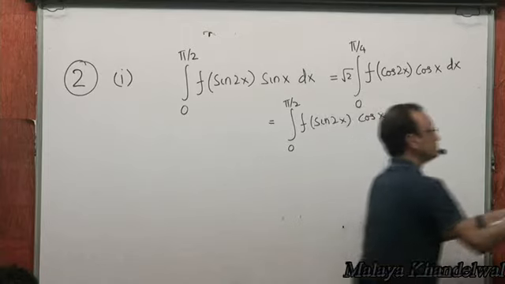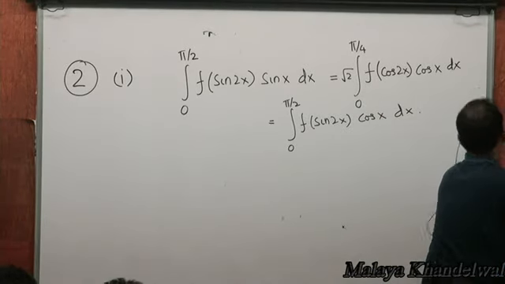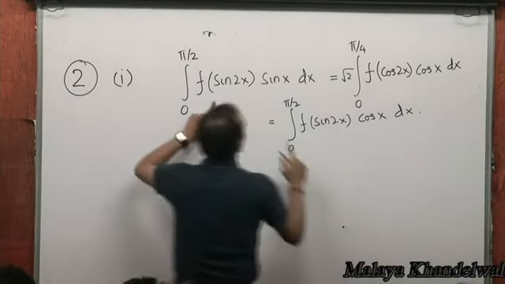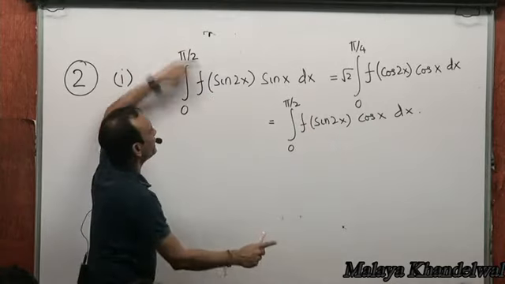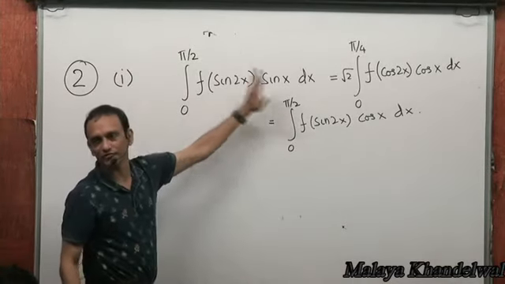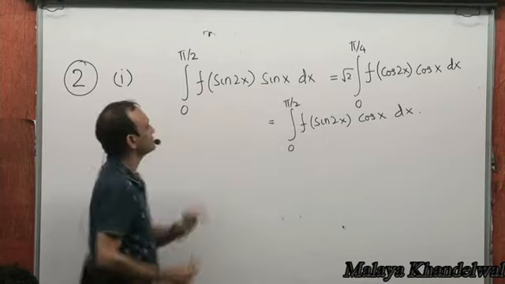All right, very clearly, we go from here to here. Integral 0 to a, f(x) dx is integral 0 to a, f(a minus x). That's what we do here, right?